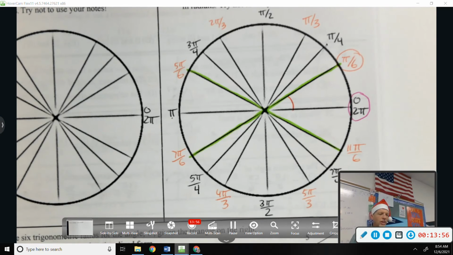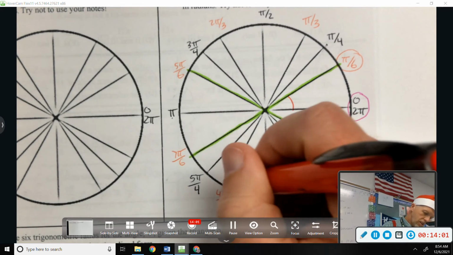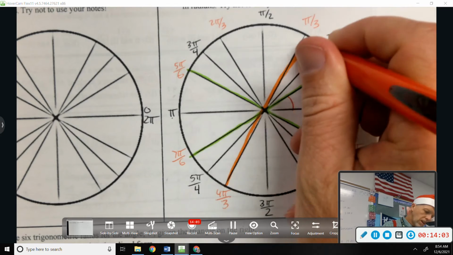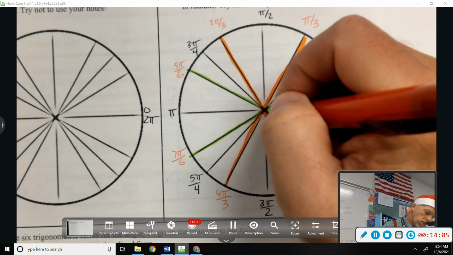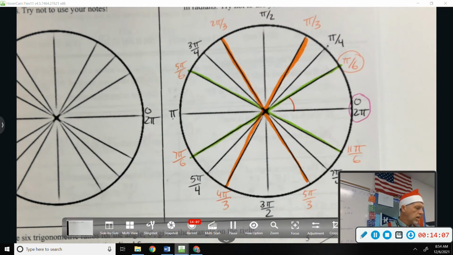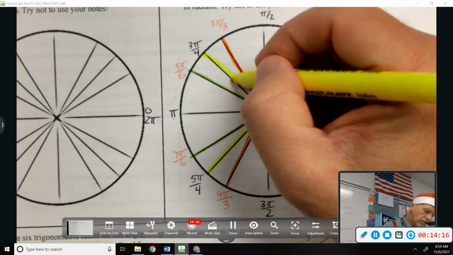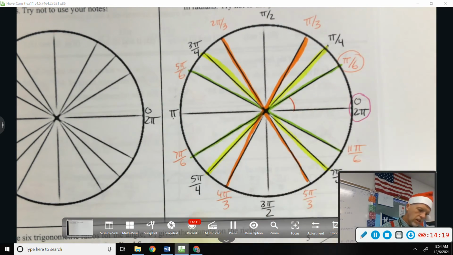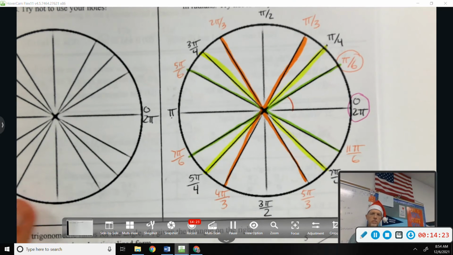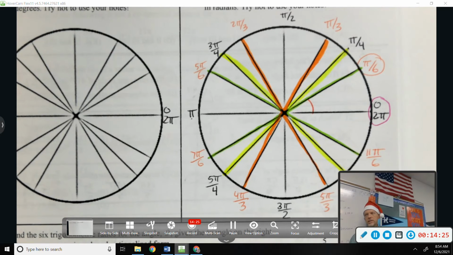All the shallow angles are over 6. All the steep angles are over 3. And all the middle angles are over 4. Again, don't have to memorize that, but maybe it helps you as you're labeling things. There's tons more symmetry in there, but we'll stop there for now.